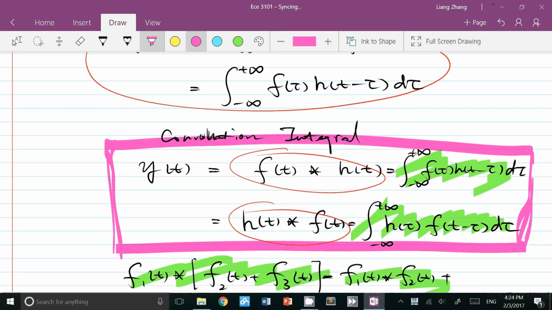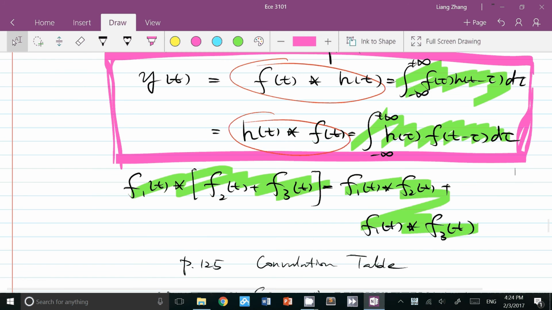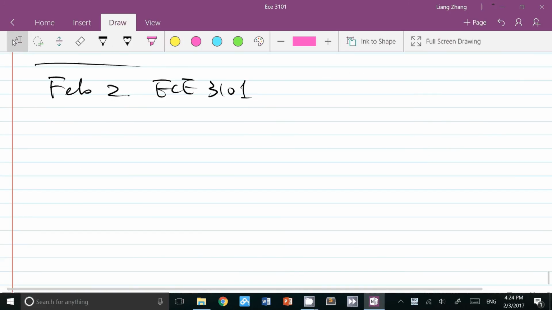This is the formula we currently use to calculate the zero-state response of a linear time invariant system. And we'll start our discussion today from here.